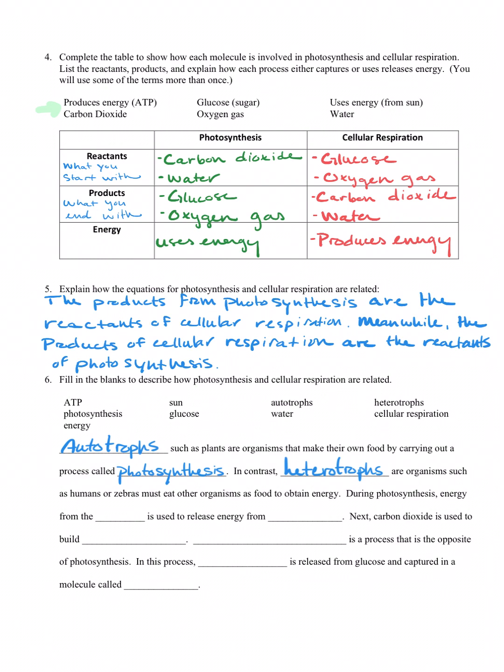During photosynthesis, energy from the sun is used to release energy from water. Next, carbon dioxide is used to build glucose. Cellular respiration is a process that is the opposite of photosynthesis. In this process, energy is released from glucose and captured in a molecule called ATP.